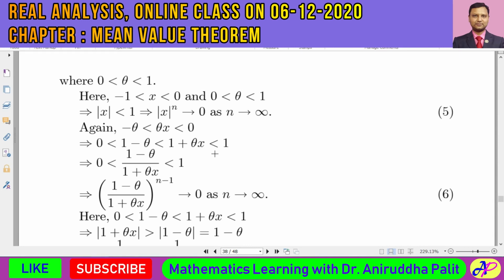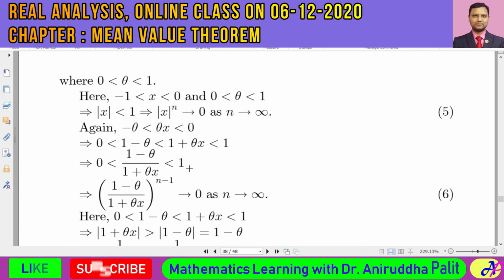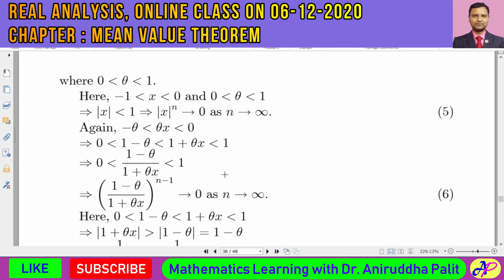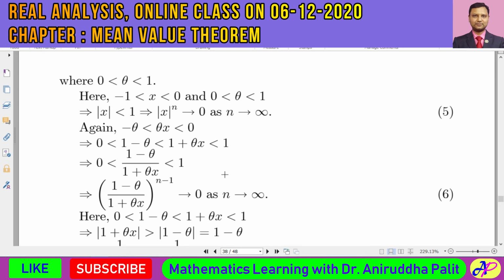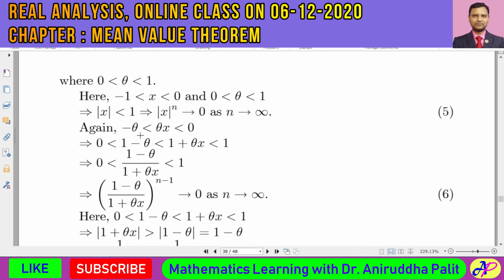No more problems are selected in the exam other than these. That is the advantage, because the teachers also know that if they give you any arbitrary problem to show the convergence, then it would not be possible for anybody, even an expert, to perform in the exam. Anyway, let's continue.